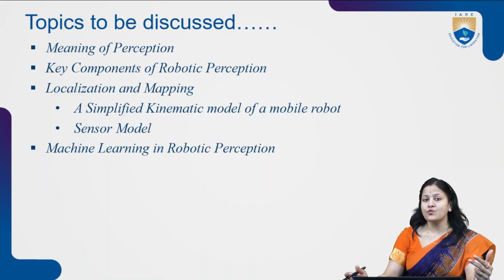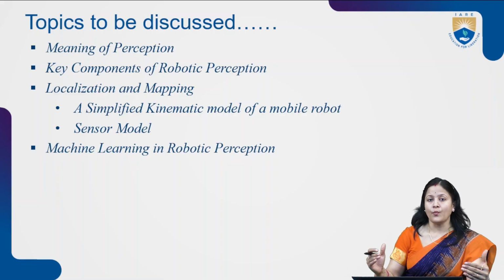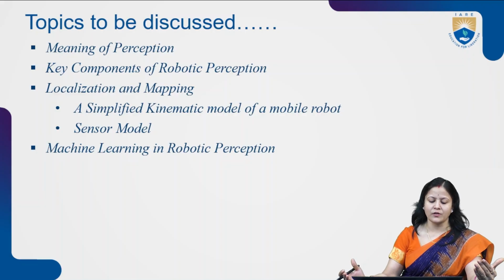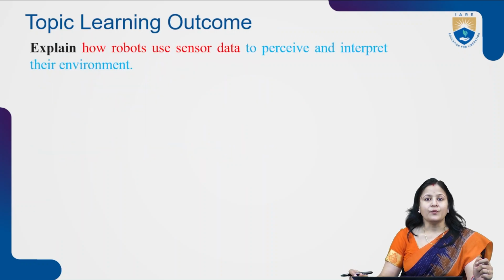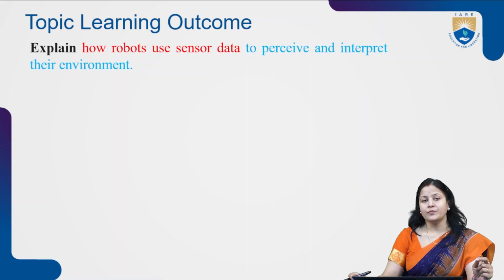Using these two models, the robot can move from one place to another as well as receive information. And last, the advanced technique of perception: using machine learning in robotics.